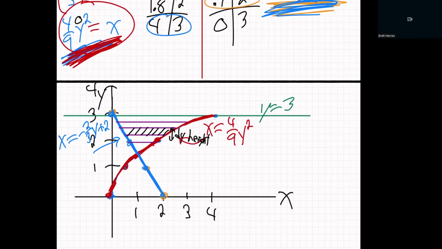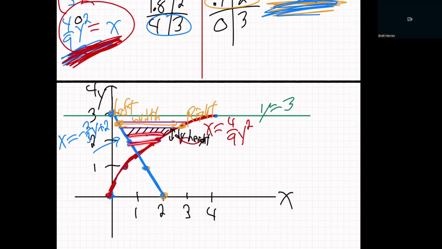What is the width? How far is it from there to there? What's the width of each one of those rectangles? Well, it's this point right here, which is the right, minus this point right here, which is the left, isn't it? That's the width of each one of those rectangles.